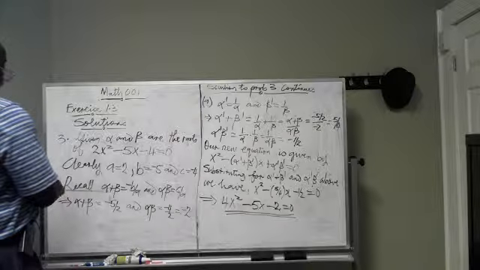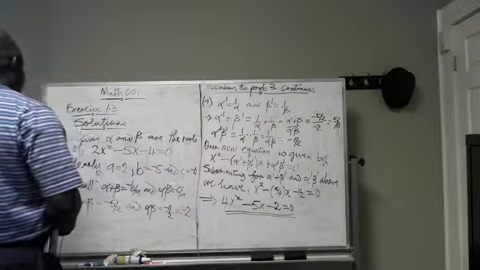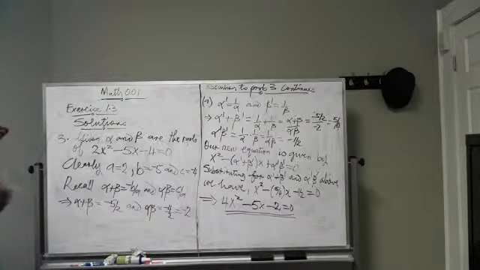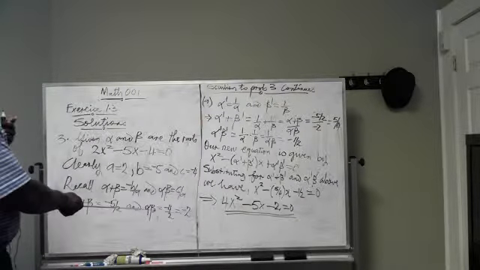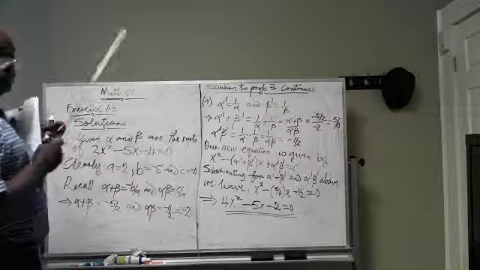Recall, alpha plus beta equals minus b over a, and alpha beta equals c over a. This implies alpha plus beta equals minus 5 over 2, and alpha beta equals minus 4 over 2, which is equal to minus 2.